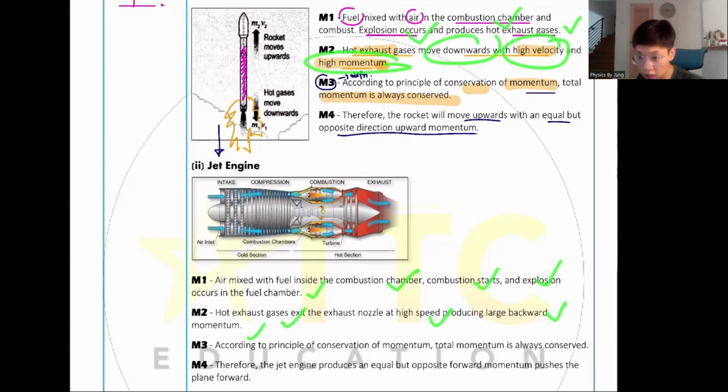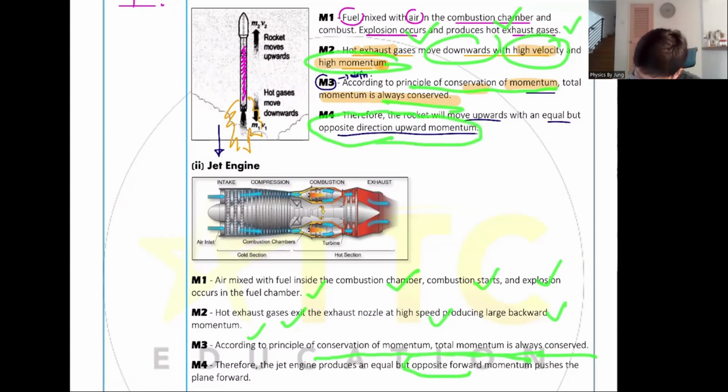Is it the same? Also the same. The third one, according to the principle of conservation of momentum, total momentum is constant. Is it the same? Exactly the same, every word also the same. Fourth, it will have opposite direction upward momentum, opposite direction forward momentum.